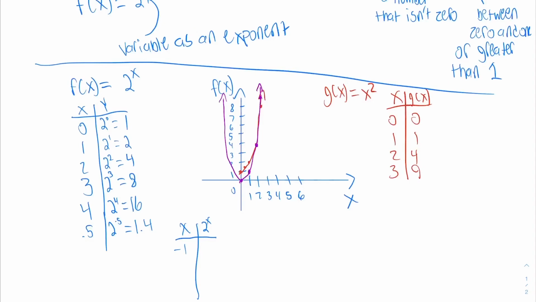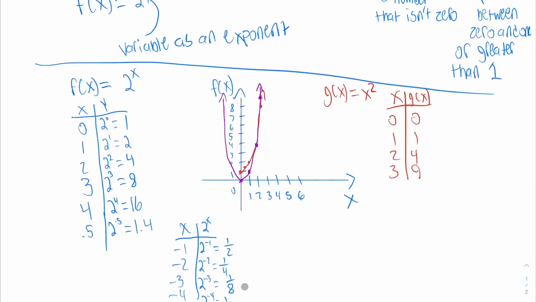We're going to do -1, -2, -3, -4. 2 to the -1 is 1 over 2. 2 to the -2 power is 1 over 4. 2 to the -3rd power is 1 over 8. And 2 to the -4th power would be 1 over 16. You can see that we have similar numbers, 1, 2, 4, 8, 16.